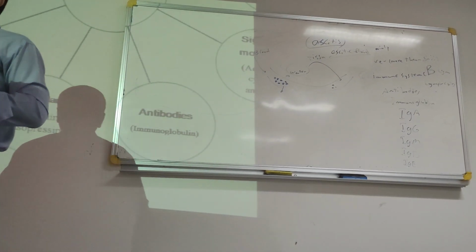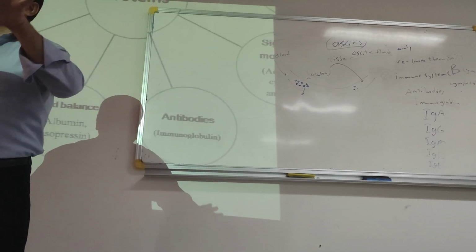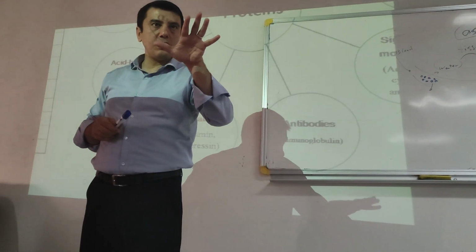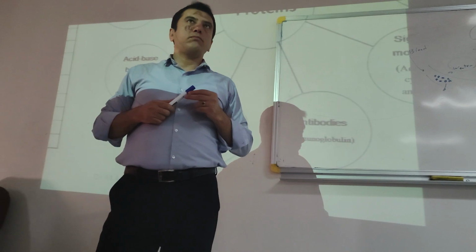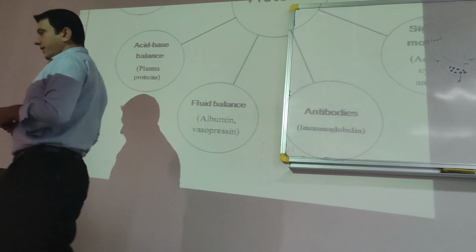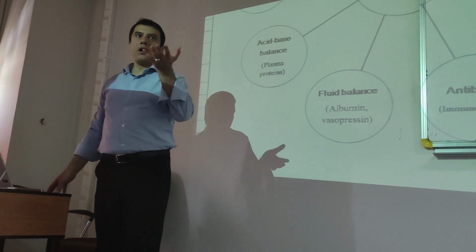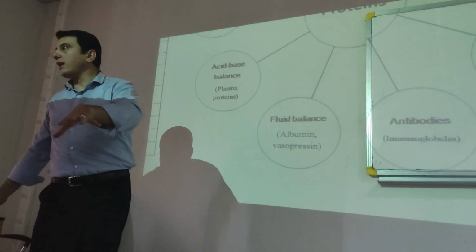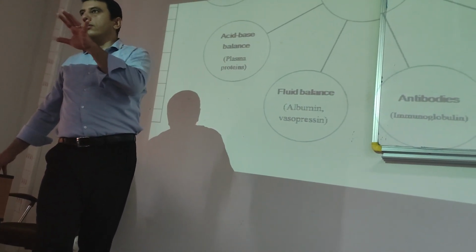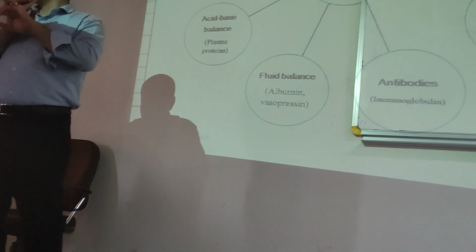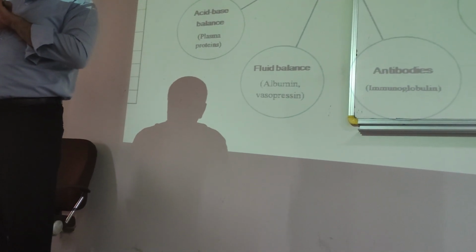And what is the problem causing ascites? A decrease in the concentration of albumin in our body. You may ask what the reasons are for the decrease of albumin in our body. As I told you, the main place for producing albumin is the liver.